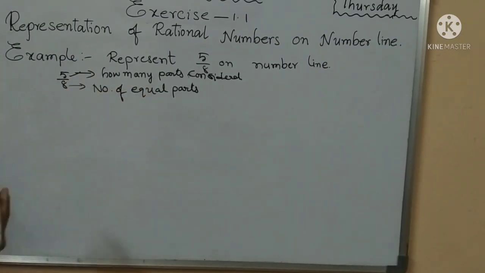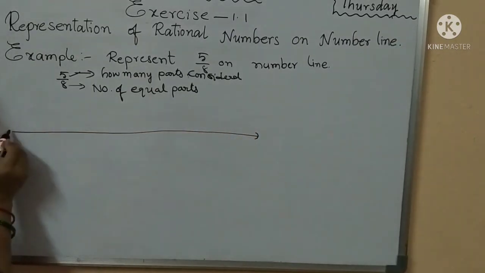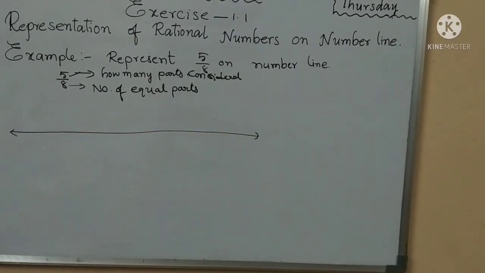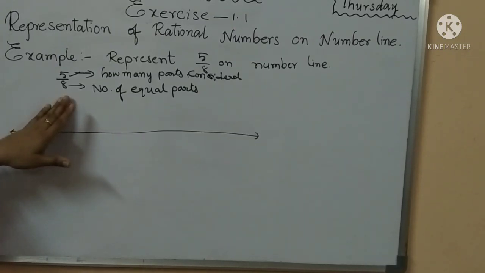First take the number line. Starting from 0 onwards we mark the fifth part, since the numerator 5 is the part considered. How many equal parts are divided here?